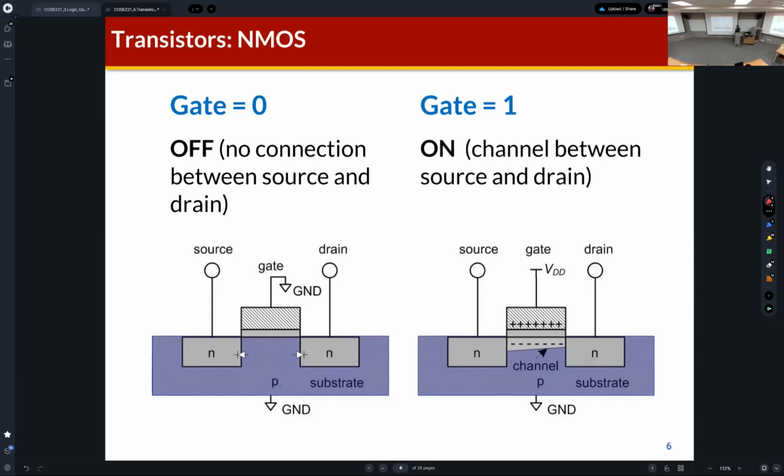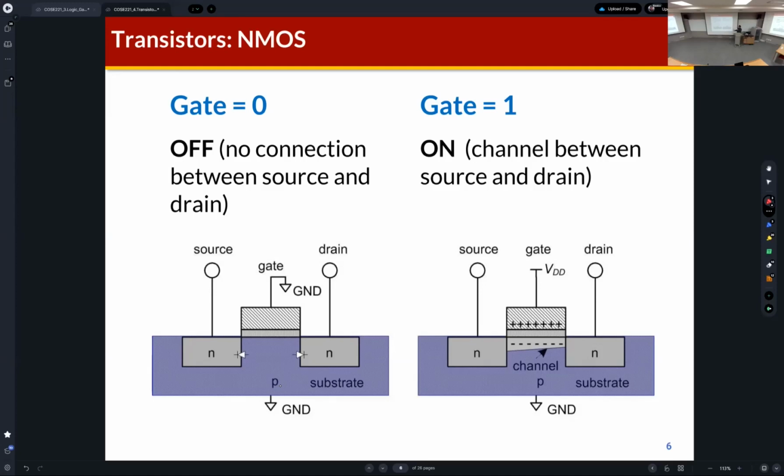So what will happen? Actually, the electrons are gathered under this silicon dioxide layer. So free electrons gather under this layer, which means the channel is generated.